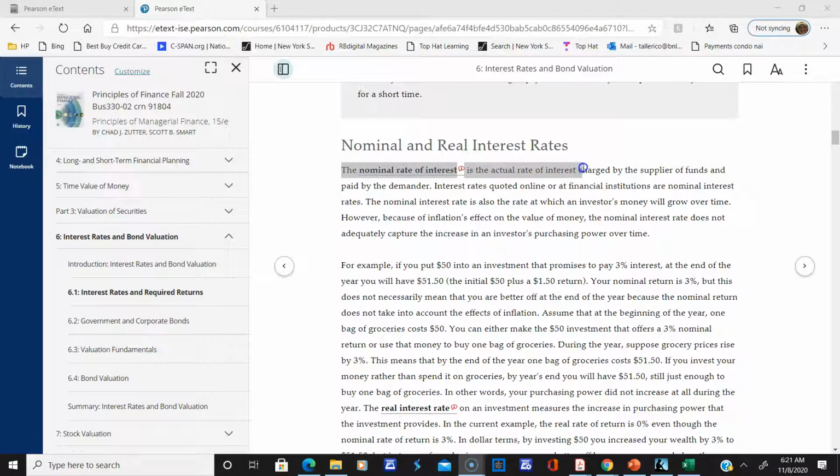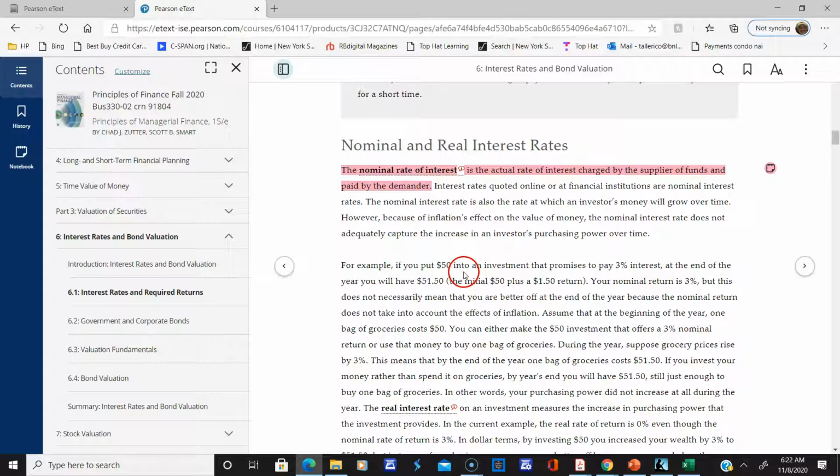That's called the nominal rate. So you see the word actual here, right? So that's what you're actually going to see. So if you went in a bank today and asked how much interest they charge you for a loan, they're going to give you the nominal rate. So those are nominal rates.